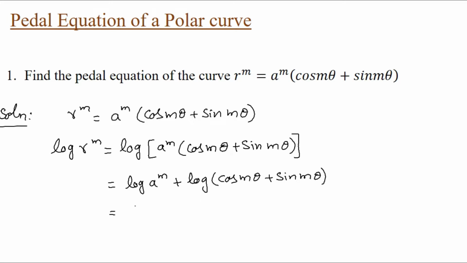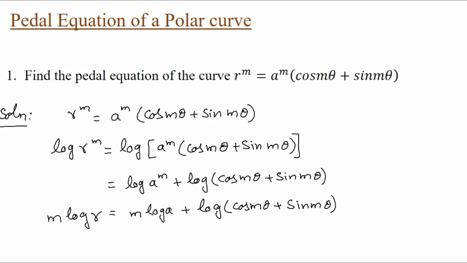Or further, log a^m can be written as m log a, and the second term will be as it is, log of (cos m theta + sin m theta). On the left hand side also, log r^m can be written as m log r.